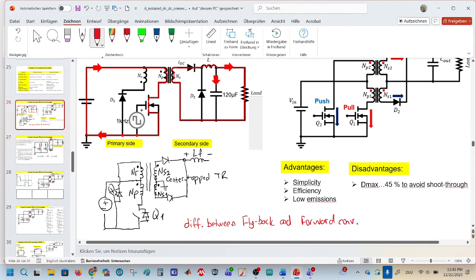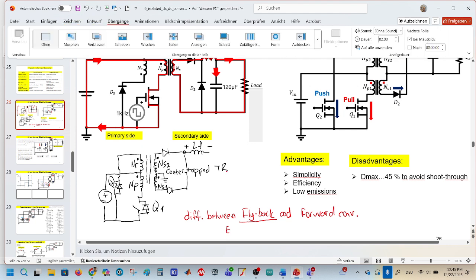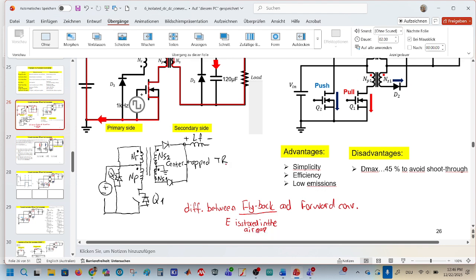We talked about the differences last week in the lecture, that the energy is stored in the air gap for the flyback converter, and the polarity of the transformer for the flyback converter has opposite dots on the primary and secondary side.